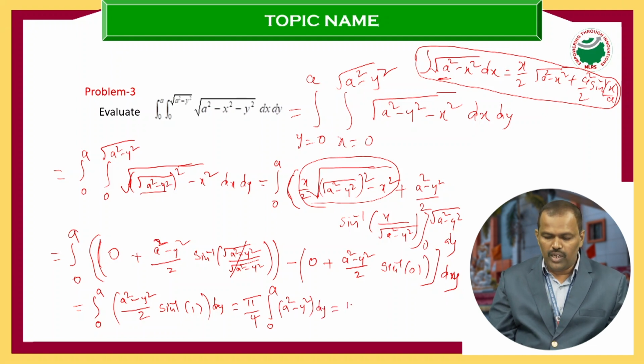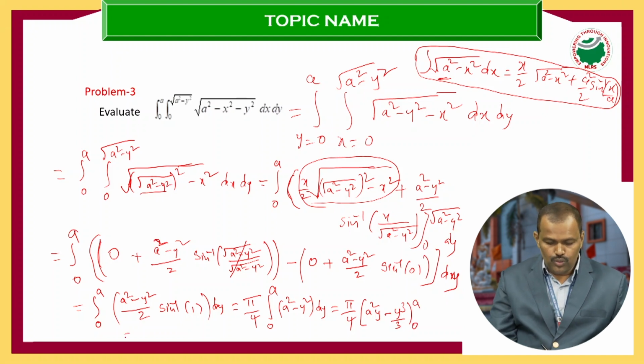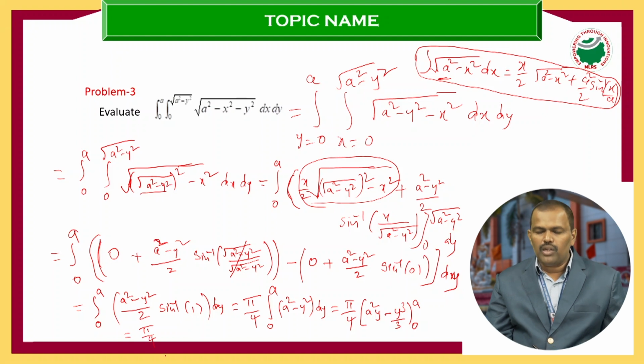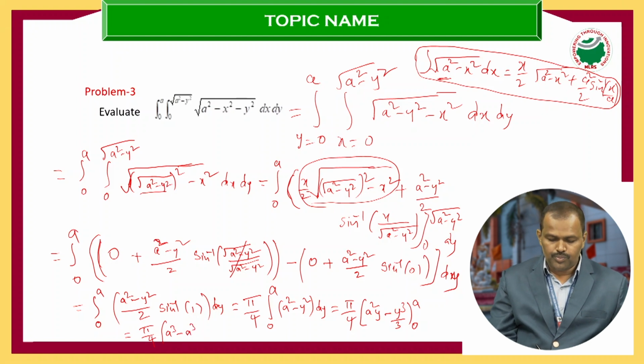So that is equal to pi by 4 into integral 0 to a. Now I am doing with respect to y. Keeping a always fixed, a square into integral of 1 dy is a square y minus integration of y square, y cube by 3, limits 0 to a. So that is pi by 4 into, when I apply the limits in place of y, a, this is a cube minus a cube by 3.